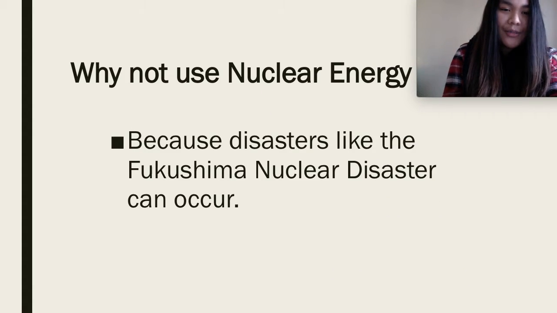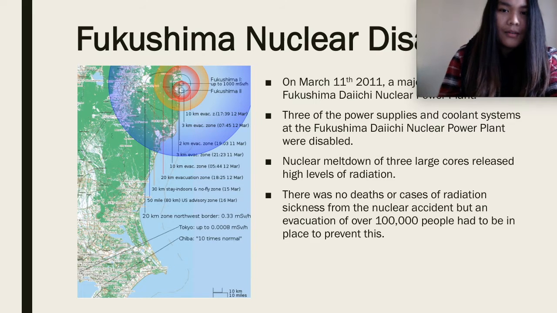So why not use nuclear energy more? Because disasters like the Fukushima nuclear disaster can occur. Fukushima nuclear disaster. On March 11, 2011, a major earthquake hit the Fukushima Daiichi nuclear power plant and disabled the power supply and cooling of 3 Fukushima Daiichi reactors.